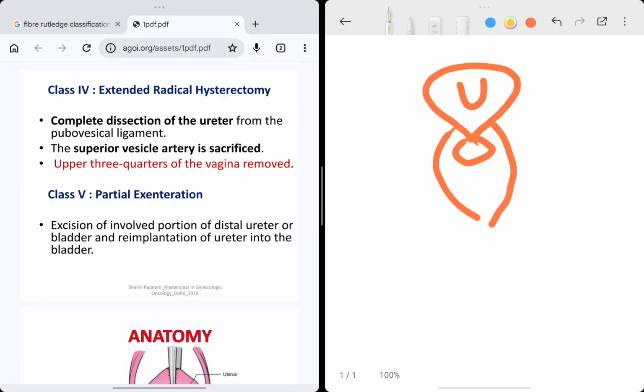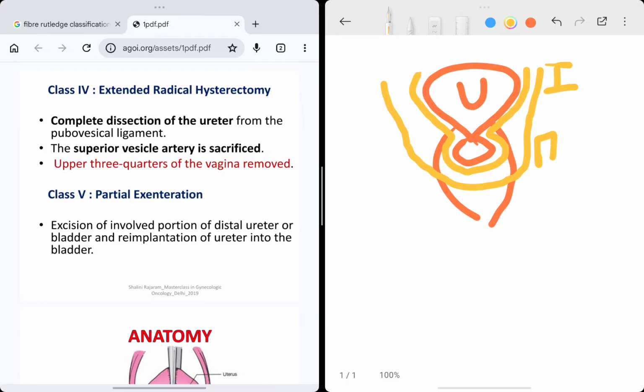So in Piver-Rutledge classification, if we remove the uterus along with the cervix as close as possible, this is type 1 or the simple hysterectomy. If upper part of vagina or upper 2 centimeters of the vagina is removed, this is type 2, also known as the Wertheim's hysterectomy or the modified radical hysterectomy.